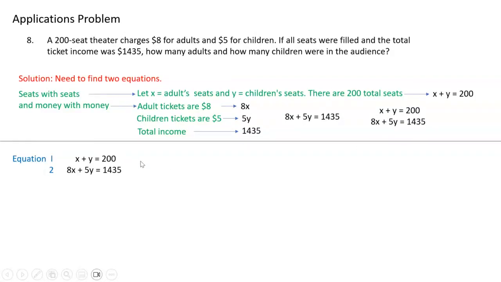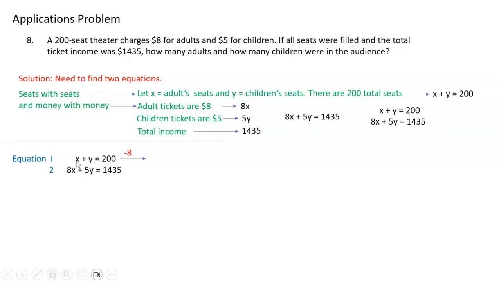Again, equation 1 and equation 2. Here, guys, it doesn't matter what you want to get rid of. They're both the same, because the x in equation 1 has a coefficient of 1, and also the y. You don't see it, but we know there's a 1 there. So I'm going to get rid of the x's. I'm going to multiply equation 1 by -8. Why -8?